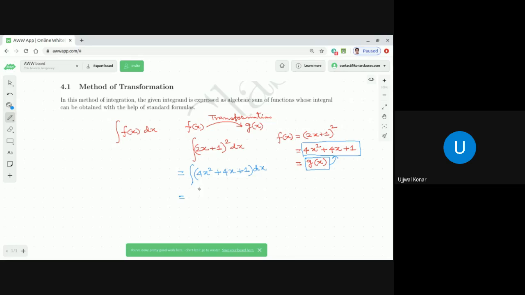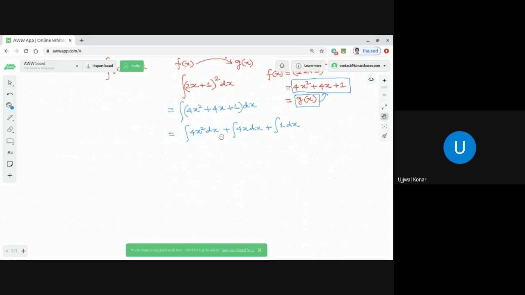So that is equal to, we have learned that if there is an addition or subtraction of multiple functions inside an integration, then we can integrate the individual functions and then apply the algebraic operation, plus or minus, correct or not? So integration 4x square dx plus integration 4x dx plus integration 1 into dx. 1 into dx means dx. But I'm writing all these steps because we are learning now. You should not jump steps.